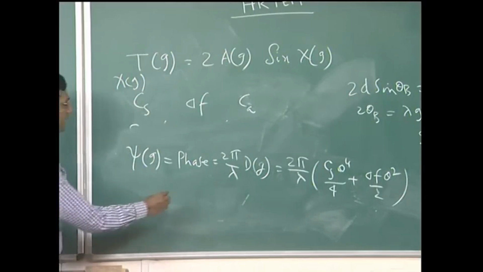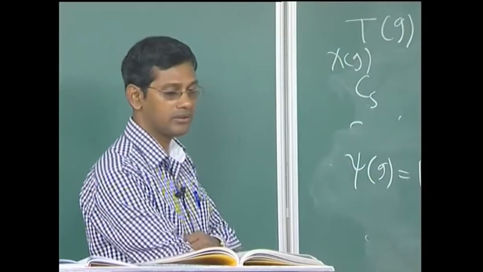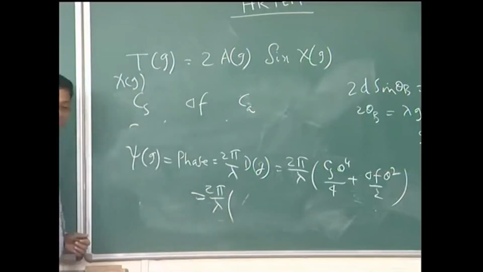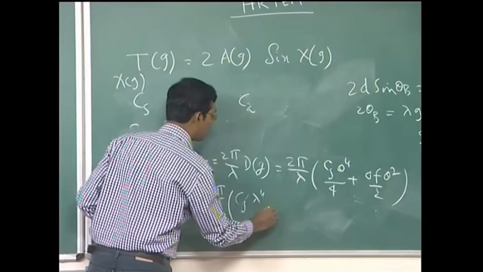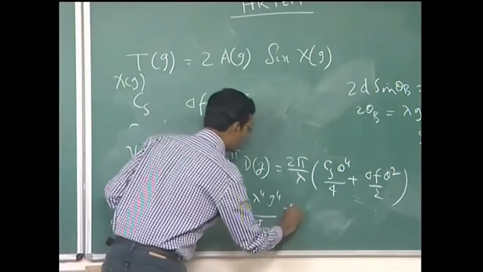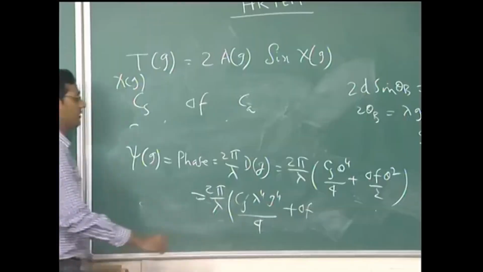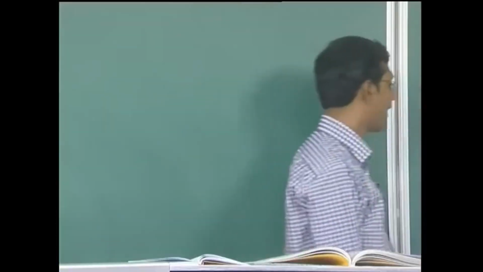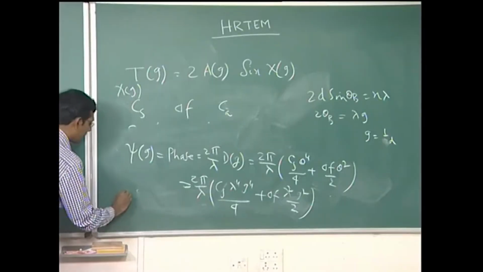So, therefore, we can finally get this to be equal to 2 pi by lambda into C s lambda 4 g 4 by 4 plus delta f into lambda g by 2, that is equal to lambda square g square by 2. So, that basically gives me the value of psi z.